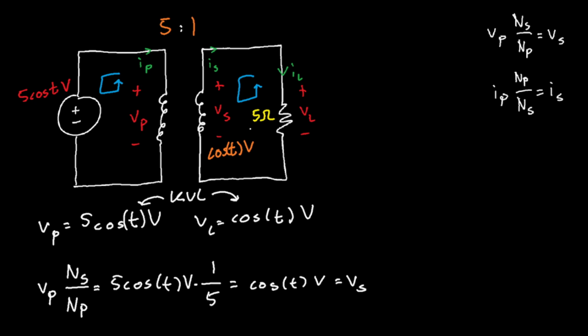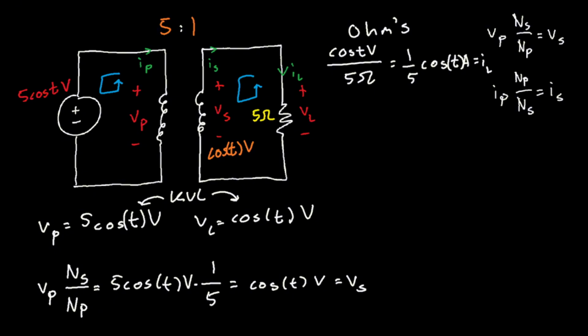Once we have that, we can use Ohm's law to find the current I of L. You just use V of L divided by 5 ohms. So cosine of T volts over 5 ohms is equal to I of L, which is simply 1/5 cosine of T amps.